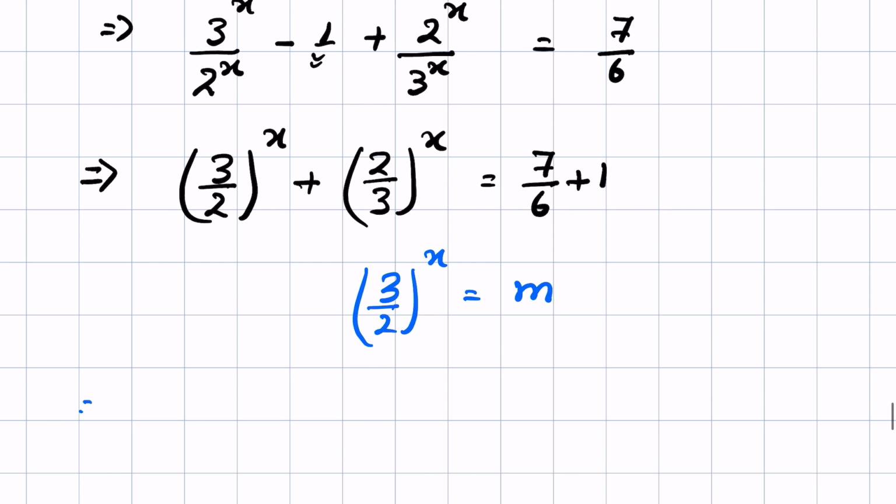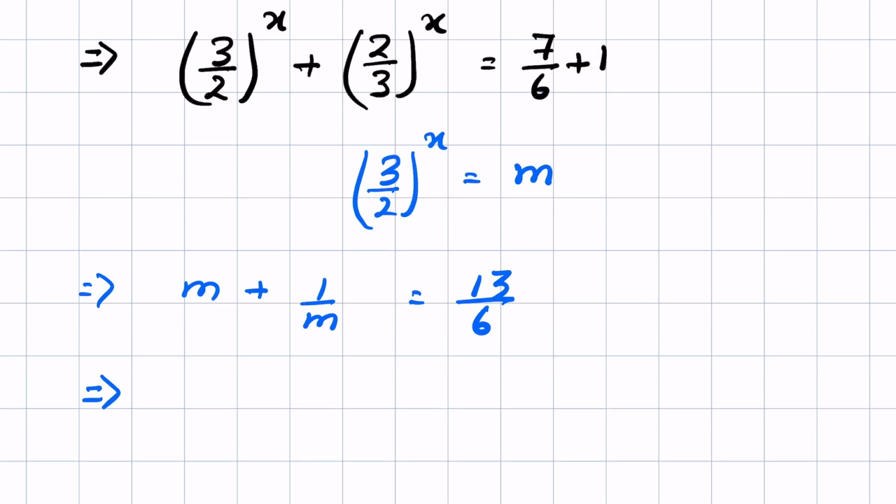So this is now m plus 2 upon 3 written as 1 upon m is equal to 7 upon 6 plus 1, which is 13 upon 6. We take the LCM here, so this is (m square plus 1) upon m is equal to 13 upon 6.